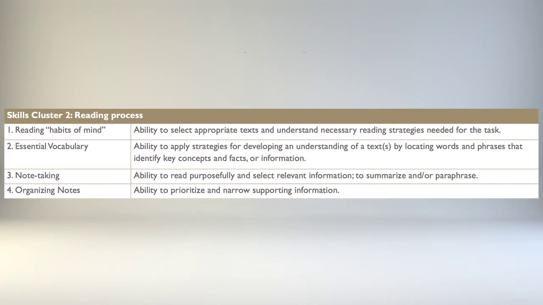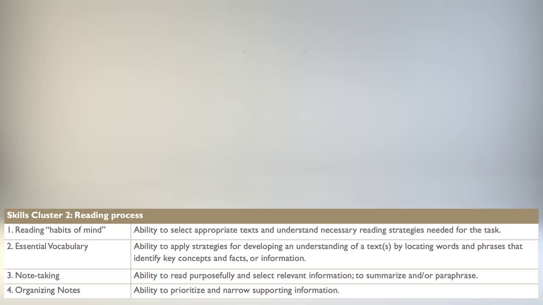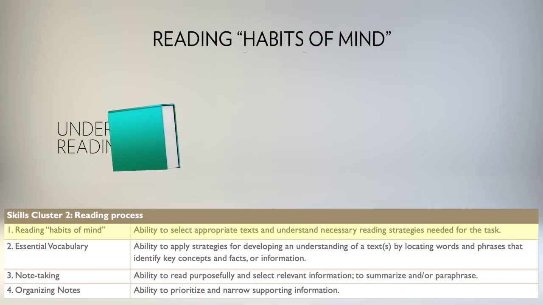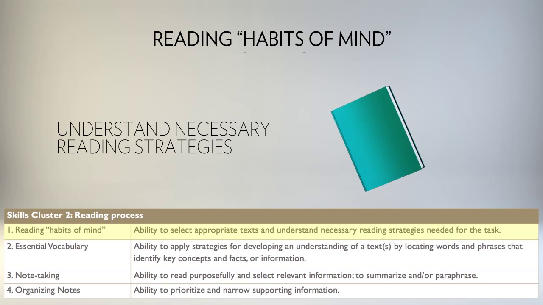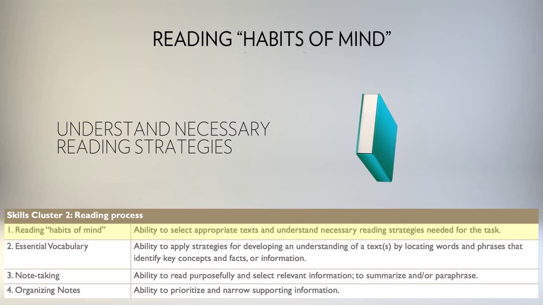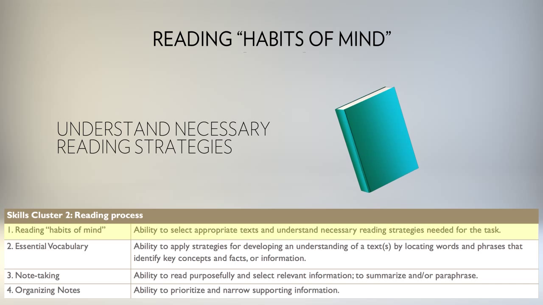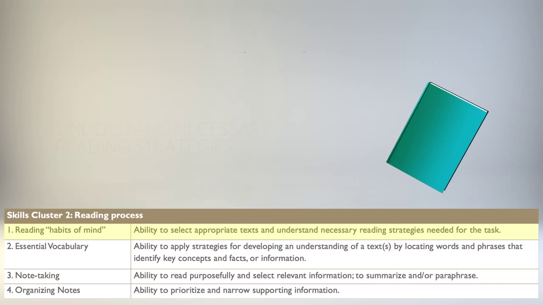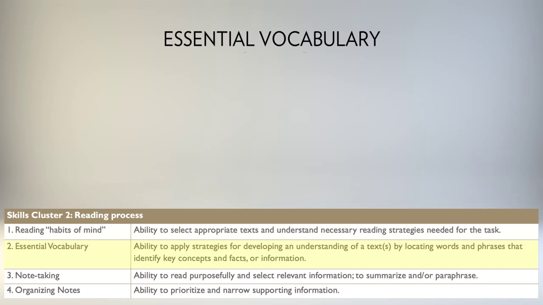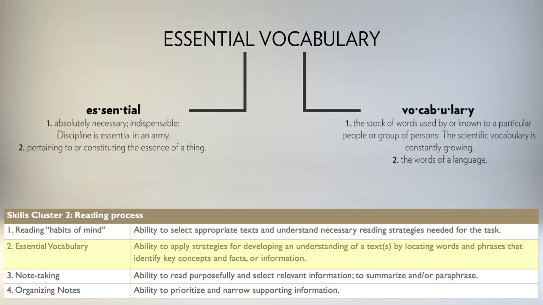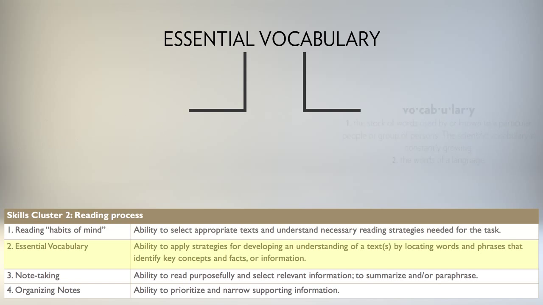After students understand what the task is asking of them, they need to read and analyze multiple texts using appropriate active reading strategies. In this case, Anthem by Ayn Rand and excerpts by the transcendental writers Thoreau and Emerson. Students will need to understand essential vocabulary and analyze the text with the purpose of the task in mind.